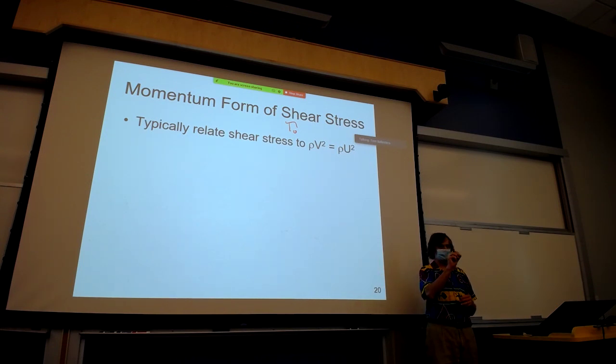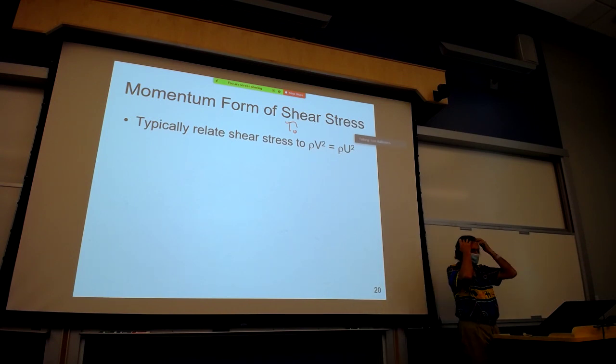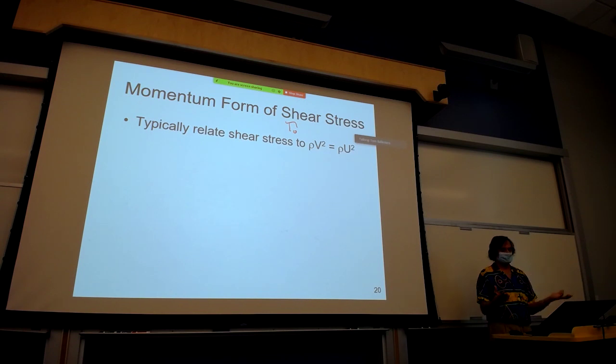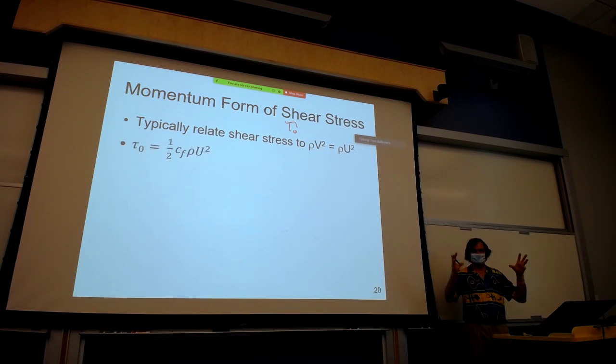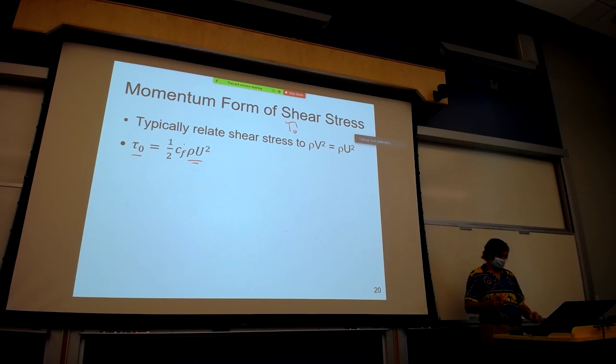Rho Q is velocity times area, so rho A v squared, rho v squared is a momentum term. And so commonly what people would do when looking at shear stress in general is to relate shear stress to rho U squared. So in this momentum form of the shear stress equation, the shear stress, tau zero, is equal to 1/2, here's your rho U squared, and C sub f is a shear stress coefficient.